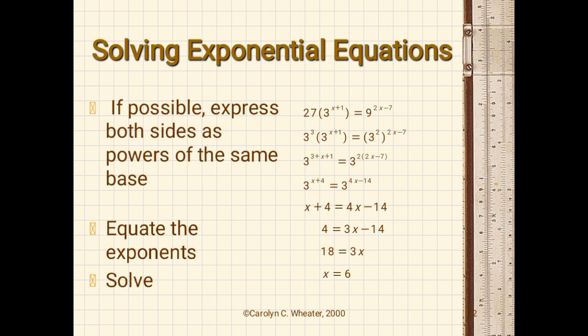Why 4x minus 14? Because 2 times 2x is 4x, and 2 times negative 7 is equal to negative 14. The other side is simple, we just add. So x plus 4 is equal to 4x minus 14.